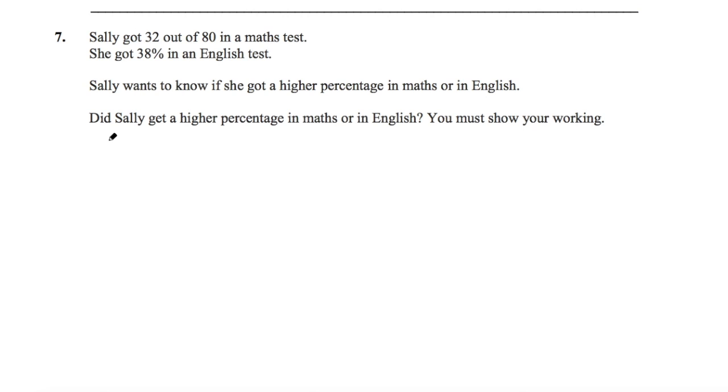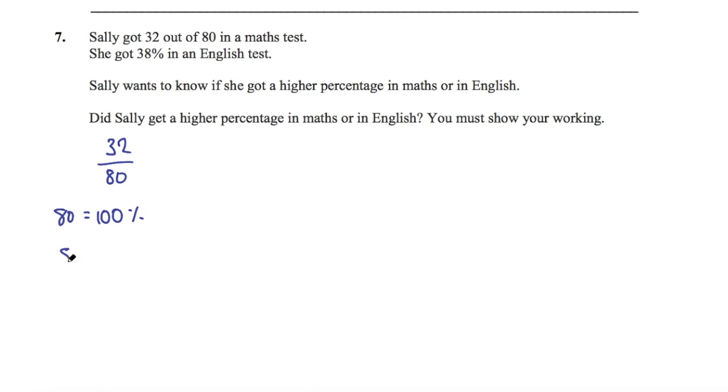So here we're converting 32 out of 80 into a percentage. And there's a couple of ways you could do this. The first way, we could say that 80 equals 100%, and break this down into percentages and work out 32 as a percentage.